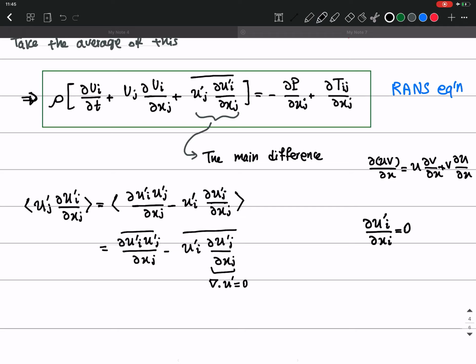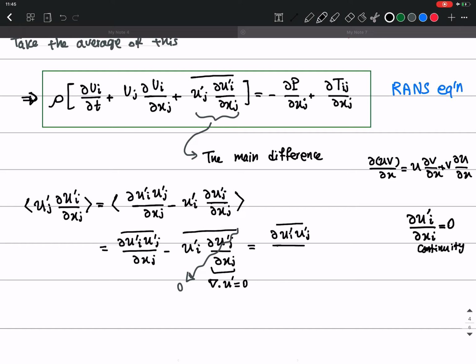So you are multiplying 0 by all these variables and then taking the average, so the result is 0. So this is already 0, and this equals partial u prime i u prime j bar over partial xj. This is from continuity. So this term actually equals this.